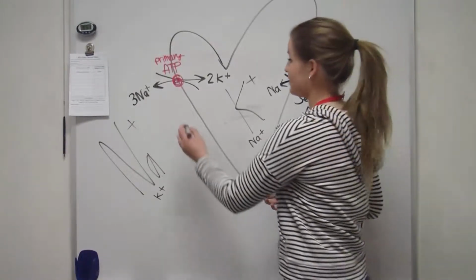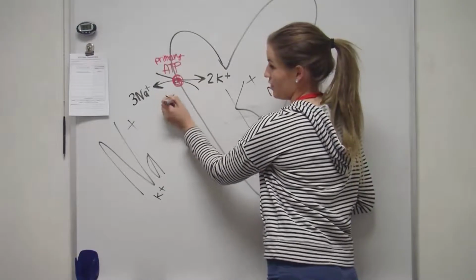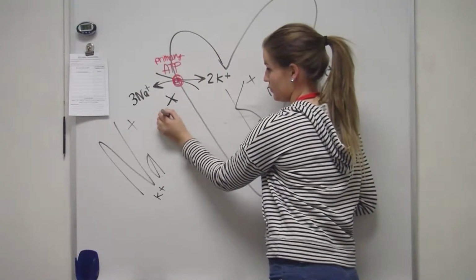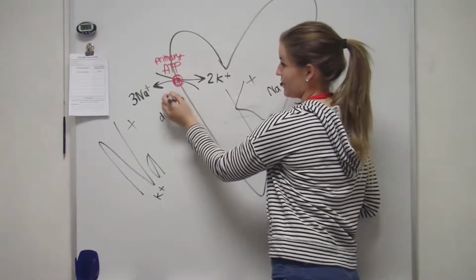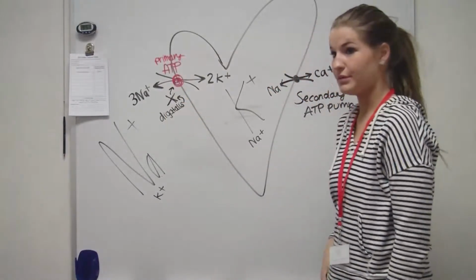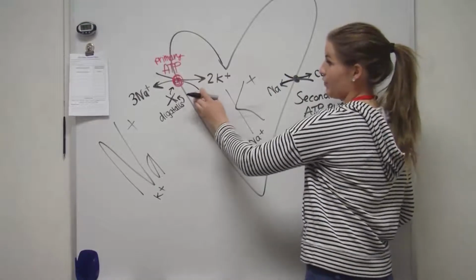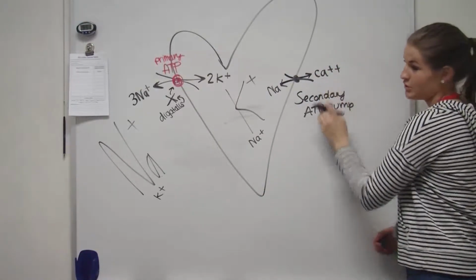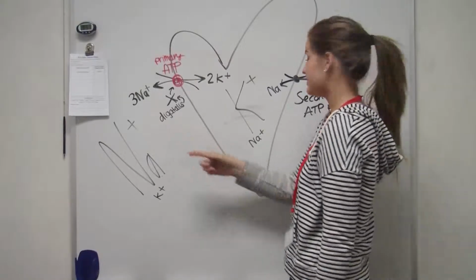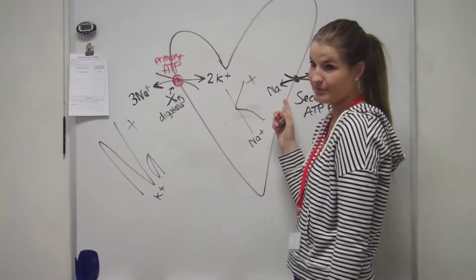It's going to slow this pump. Digitalis is going to make this pump go a lot slower. And so this pump, when this happens, that's what triggers this one. So in effect, if we consume this, it's going to also slow this one down.